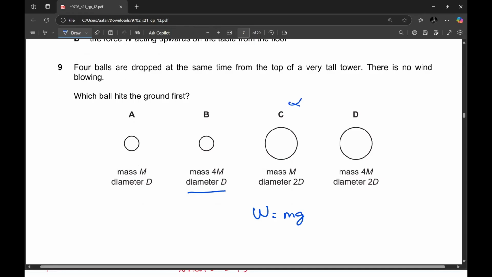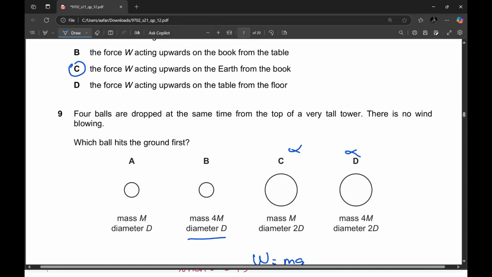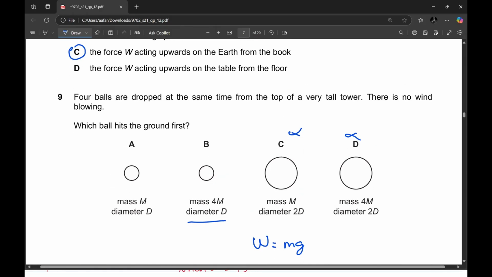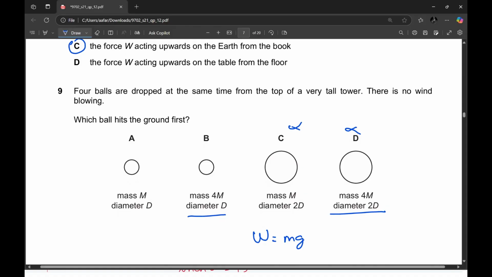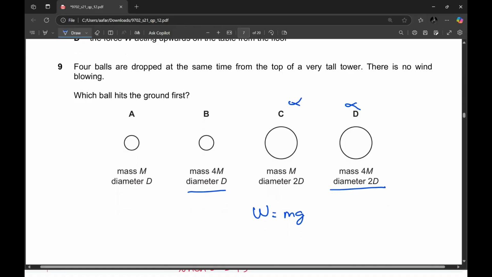So C and D won't be, since they have a bigger diameter and so bigger surface area, so they have more air resistance. So this has the highest weight, and it'll have the highest acceleration. Yep.